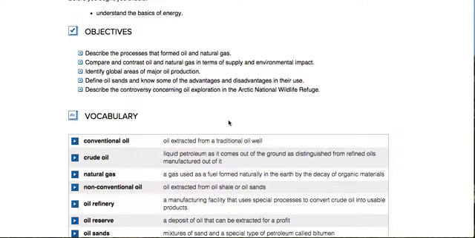So let's talk a little bit about oil supply. When we talk about oil supplies, about 1/3 of our world's energy is oil, and its demand is really continually increasing.